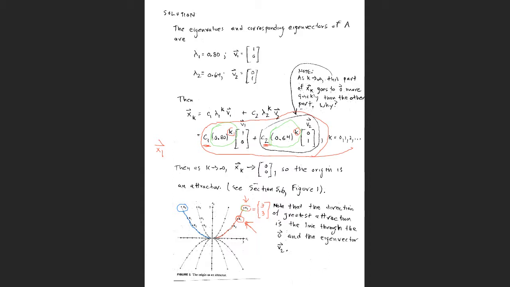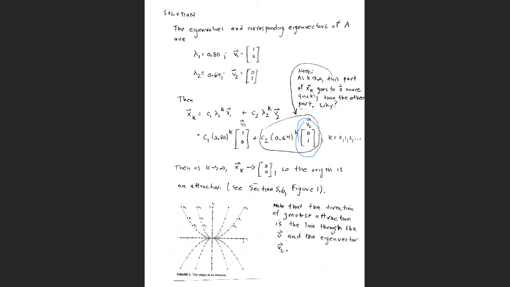Okay, so let me ask you. It says here that the direction of greatest attraction is the line through the origin and the eigenvector v2. So the eigenvector v2 is the vector 0, 1. I'm looking at these trajectories.